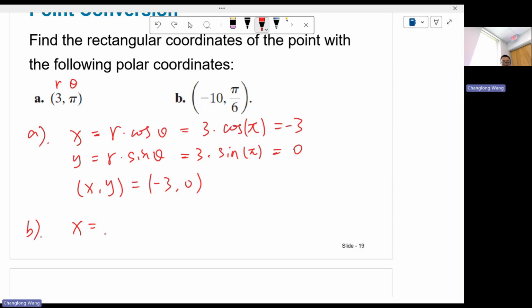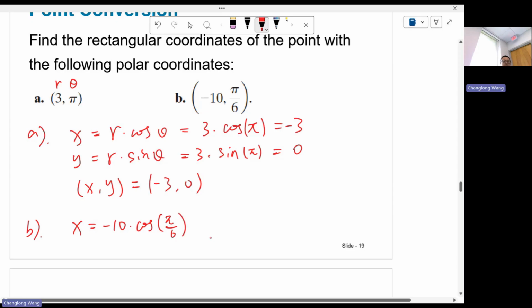So r, which is -10, please keep the negative sign, because r could be negative, times cosine of pi over 6. You don't need to know that pi over 6 is 30 degrees anymore. Just type it in the calculator. But I know cosine 30 is radical 3 over 2.